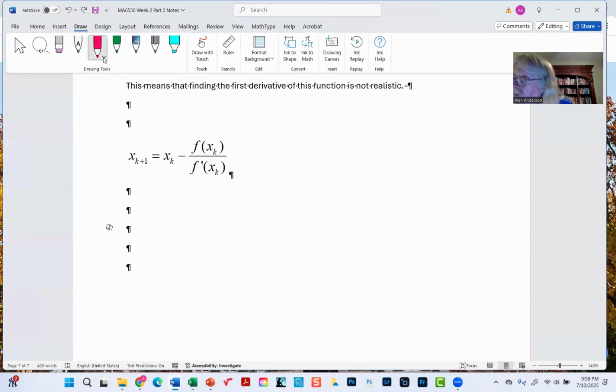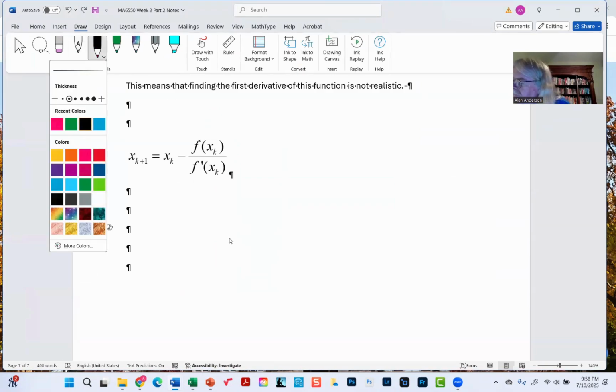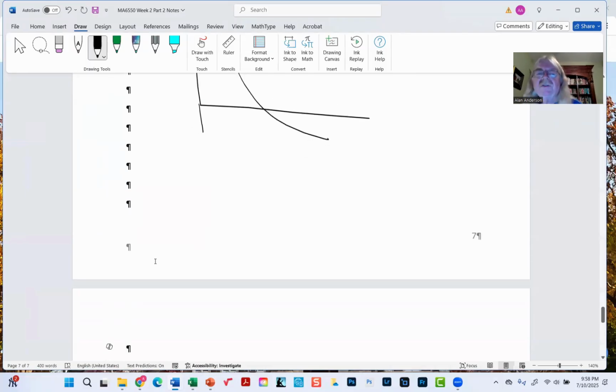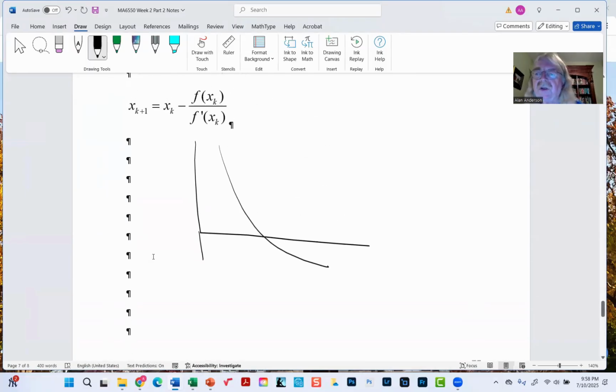Now this is hard to draw, but let me see what I can do. Imagine we start, and this one requires a starting point of some kind. Let's say we start here. The next point might be here. And then we might have this point.